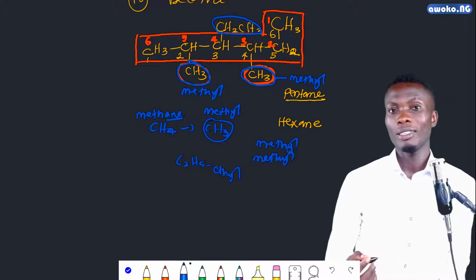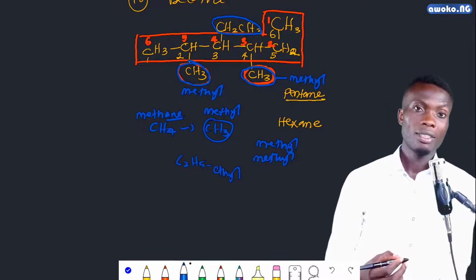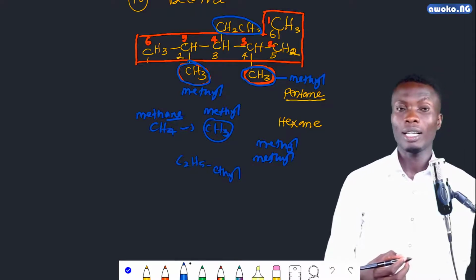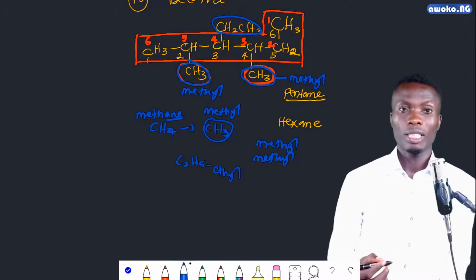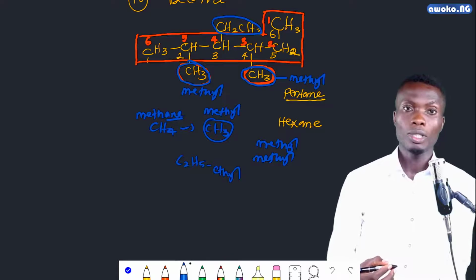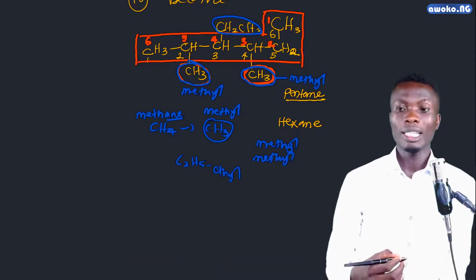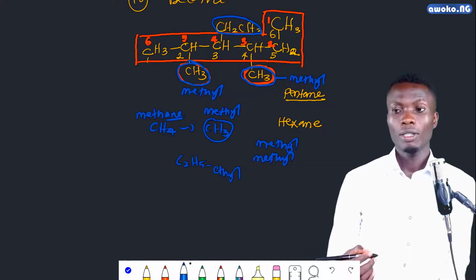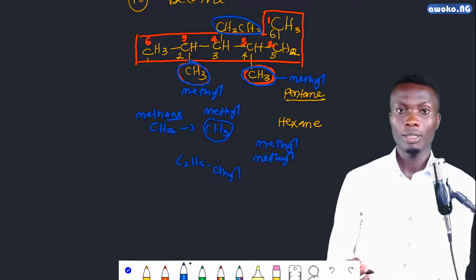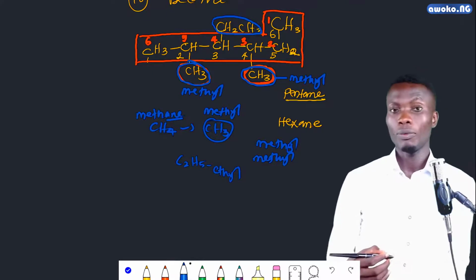If we have a methyl and an ethyl, we know that ethyl has 2 carbons, but comparing E, which is the beginning letter of ethyl, and M, which is the beginning letter of methyl, we see that E in the alphabetical order comes before M. So we are going to present ethyl first before methyl.